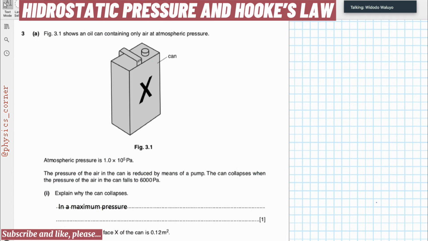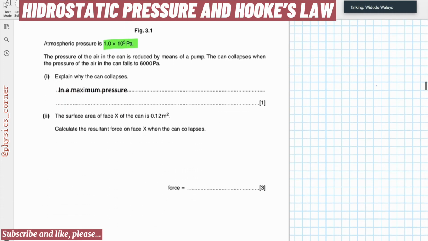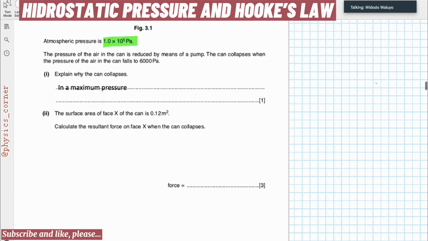Okay, number 3. Figure 3.1 shows an oil can containing only air at atmospheric pressure. Atmospheric pressure is 1.0 times 10 to the power 5 Pascal.